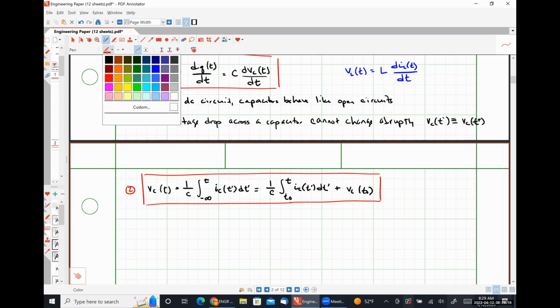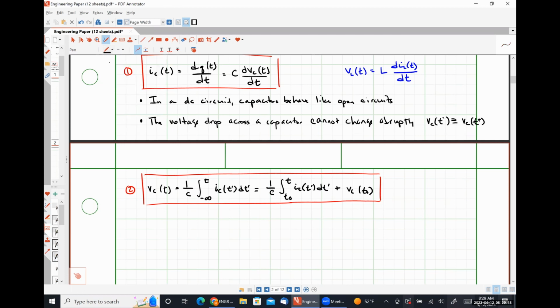Now that we know the voltage drop and the current flowing through a capacitor, we can say that the power absorbed by a capacitor is simply I times V, which simplifies to C V dV/dt.